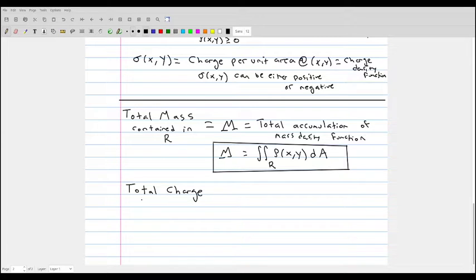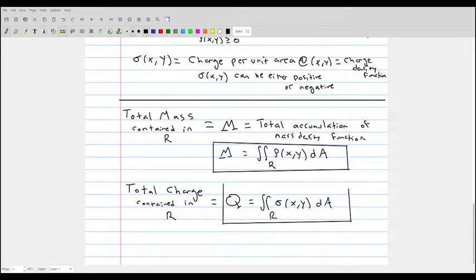The total amount of electric charge contained in a region R, which we'll call capital Q, is directly equal to the double integral, or the accumulation, of the charge density function over that region R. So we'll see in a second an example of how to apply the total mass formula, and we'll stick with the mass formula, but applying the charge formula is the exact same process.